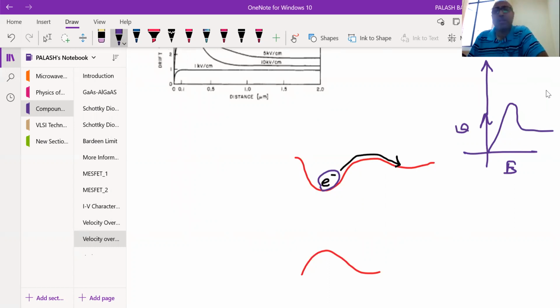It is a derivative of energy, right? We have done it several times. So the moment you have a high electric field, then what will happen? Instead of rolling over this part, it will jump like that, and then it will come back.